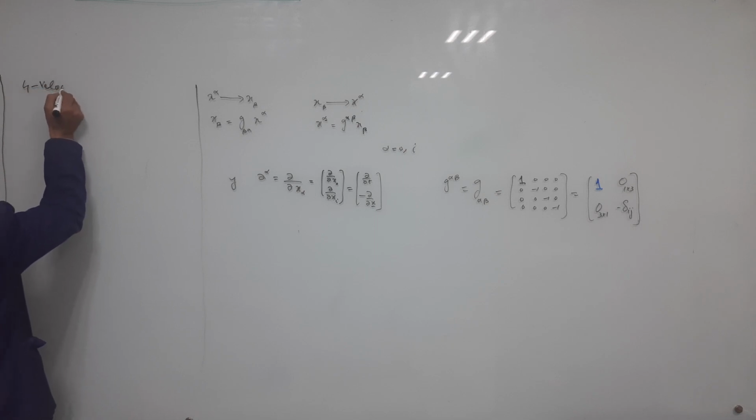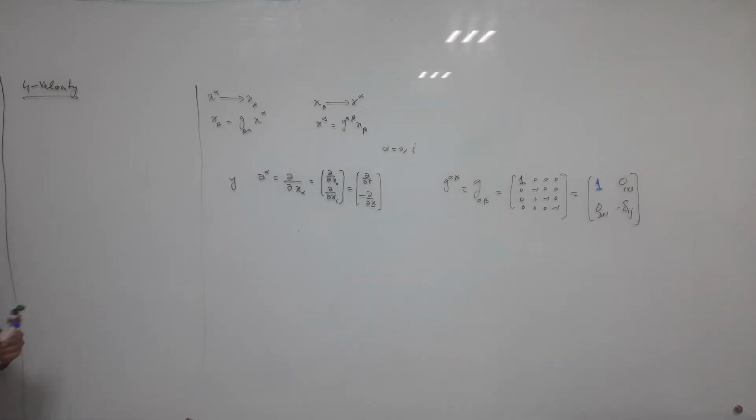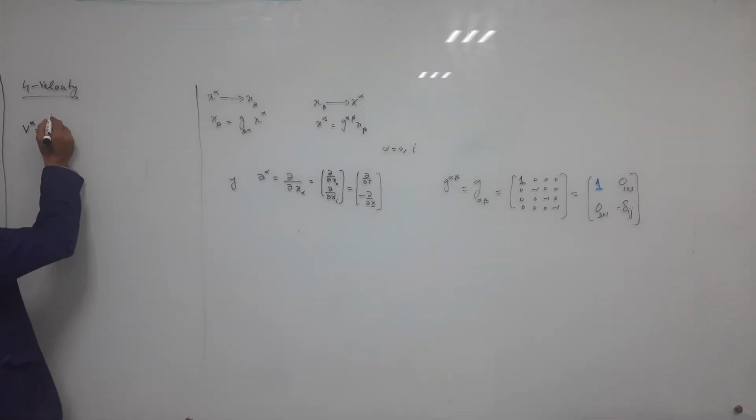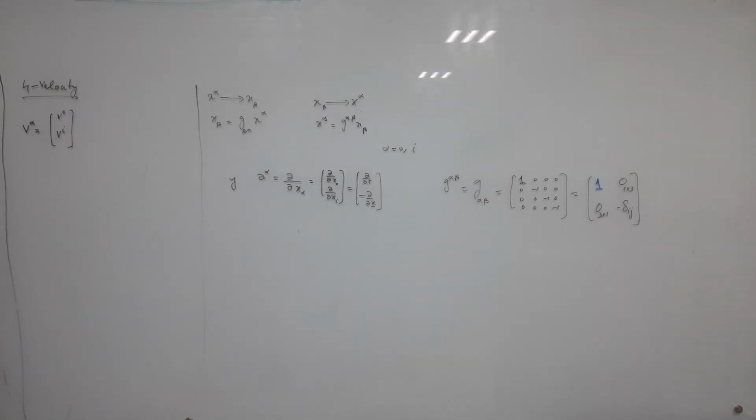What is it for velocity? Yes, as I have already explained, for velocity means this. Okay, and this is V naught and Vi.